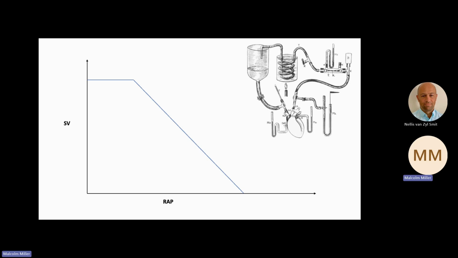But more importantly, as our right atrial pressure increases, we see that on the x-axis here, so our venous return decreases.